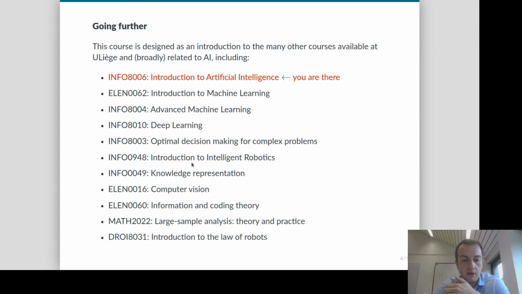Then you have another one which is called Knowledge Representation, a third one, Computer Vision, and so on. I would also say that this course, Introduction to AI, is related to courses that you may perceive more as courses on mathematics, and you will see that indeed there is a huge overlap between all these fields.